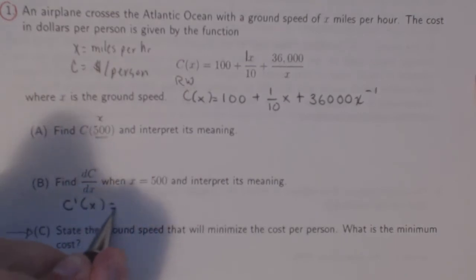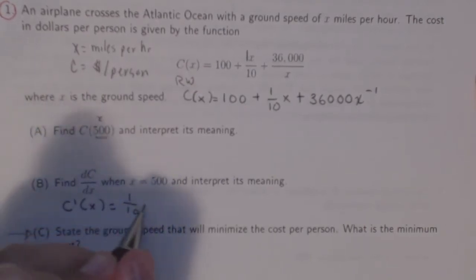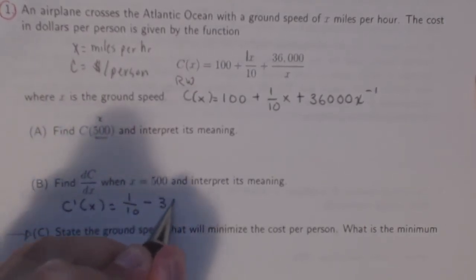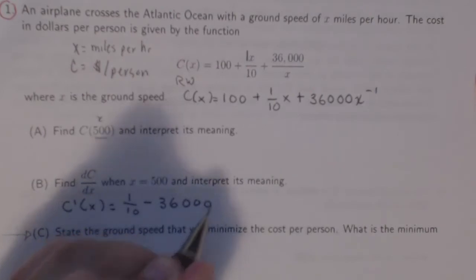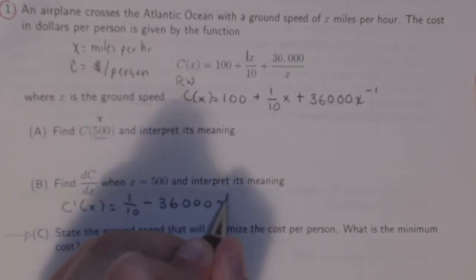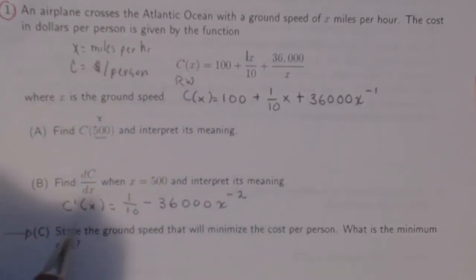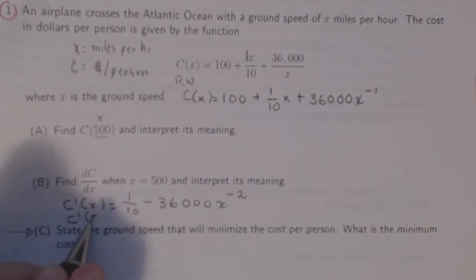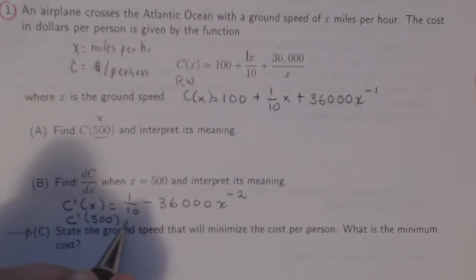The derivative of 100 is 0, the derivative of 1/10 x is 1/10, and the derivative of 36,000 x to the negative 1 is negative 36,000 x to the negative 2. So now we have this function, and we can use Excel to plug in C prime of 500, and we'll come back and interpret it.